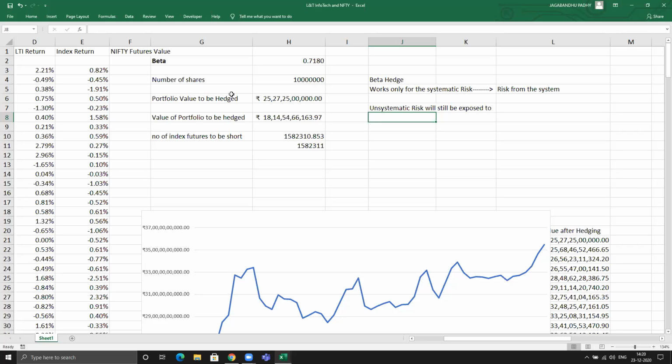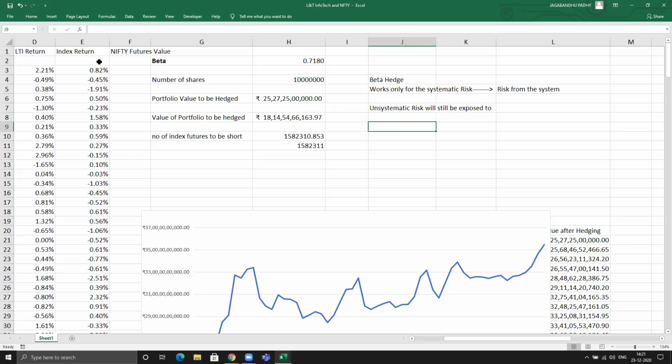At least in percentage terms. If I say 60% of the risk of the stock is systematic and the rest 40 is unsystematic, can we get that? R square. Yes, R square. If I compute R square, I'll be able to identify it, but before we undertake hedging, we need to look at R square also, how much is systematic and how much is unsystematic.